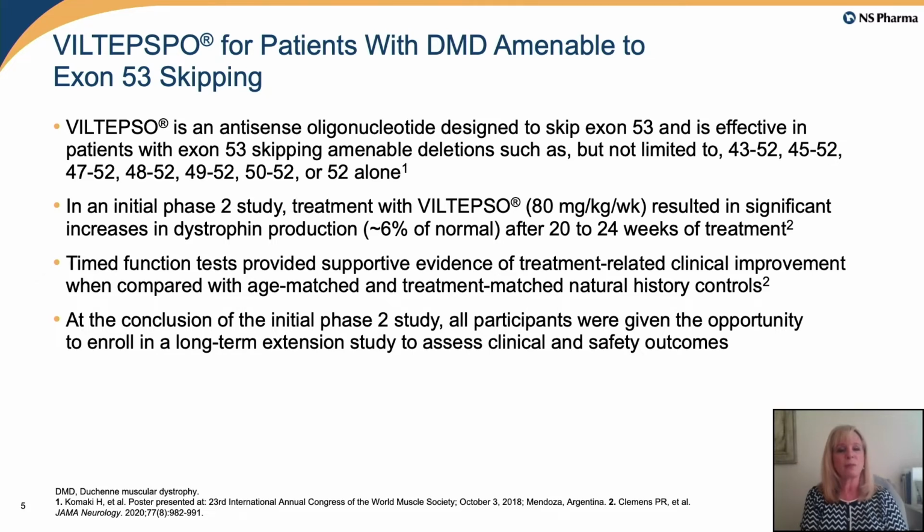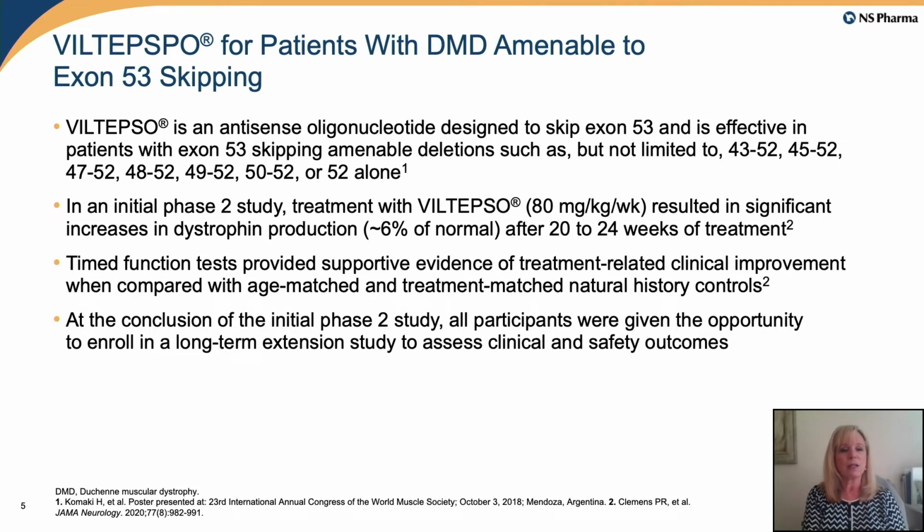In addition to looking at this biomarker assay, we also looked at timed function tests, and those provided supportive evidence of treatment-related clinical improvement. And those patients in our Viltepso group were compared to both age-matched and steroid treatment-matched natural history controls from the Synergy DNHS cohort of patients.